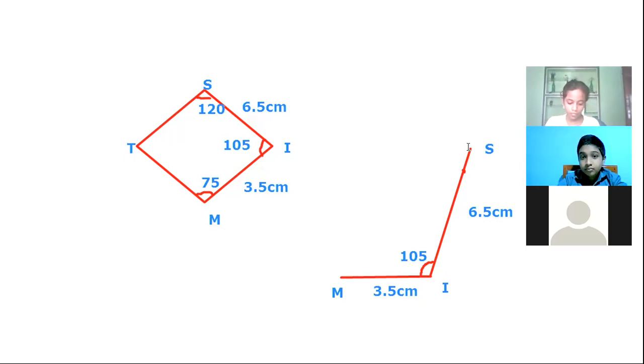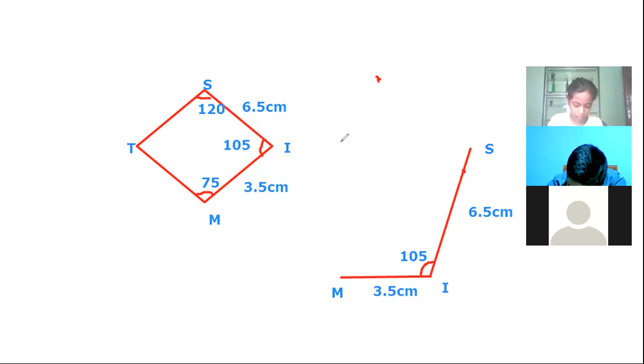After placing your protractor on S, you just have to mark the angle 120 degree. It may be like this. Just mark the point matching with 120 degree.